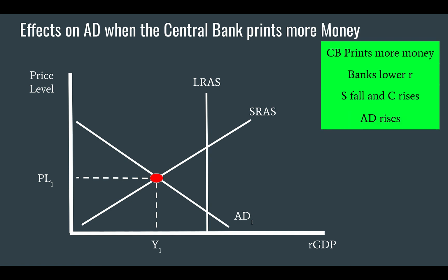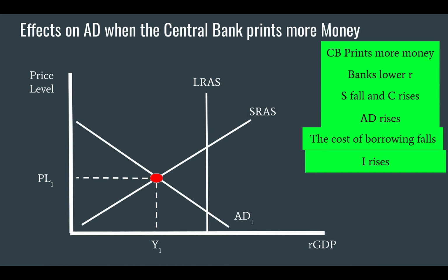On the I or investment front, the cost of borrowing falls, more investment opportunities are now profitable, and firms are profit maximizers, so they will engage in those newly profitable ventures, causing investment to rise. If investment rises, this also causes aggregate demand to rise.